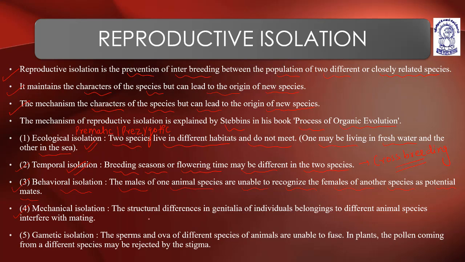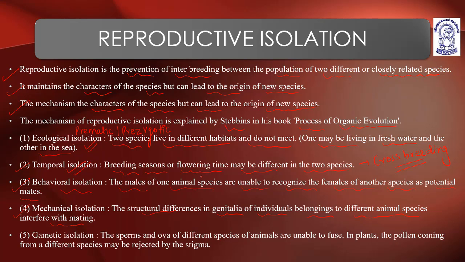Mechanical isolation: the structural difference in the genitalia of individuals belonging to different animal species interferes with mating. These are some of the barriers. The genitalia are different, and that is why sexual intercourse cannot happen, because of this mechanical isolation.